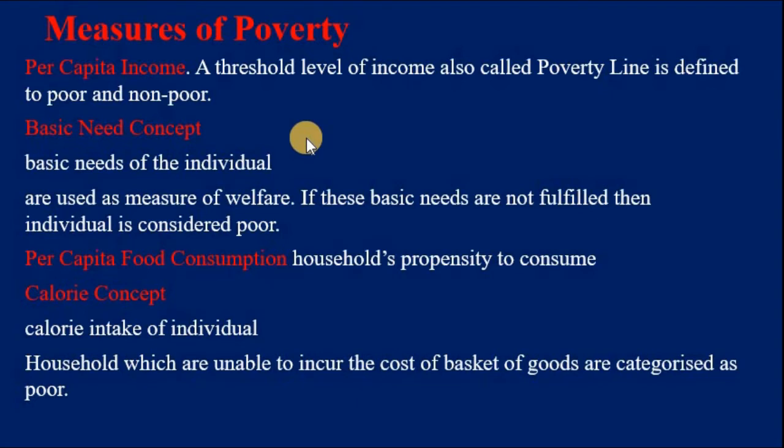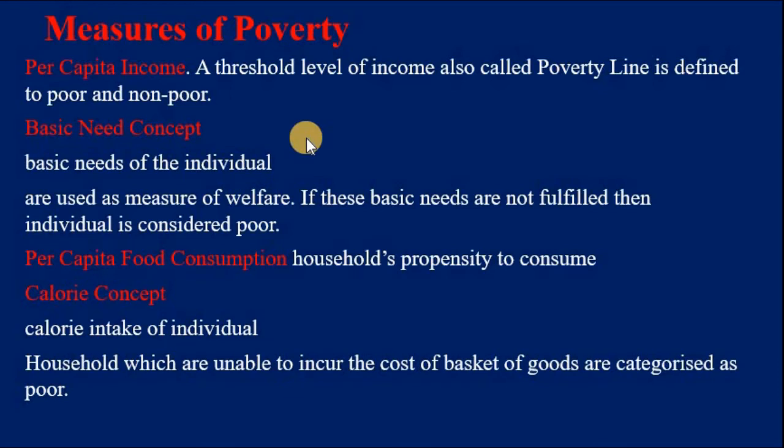Here is the difference between the poor and the non-poor. For example, if we say the poverty line in terms of per capita income is about 10,000 rupees, then any household earning below 10,000 rupees is considered poor.